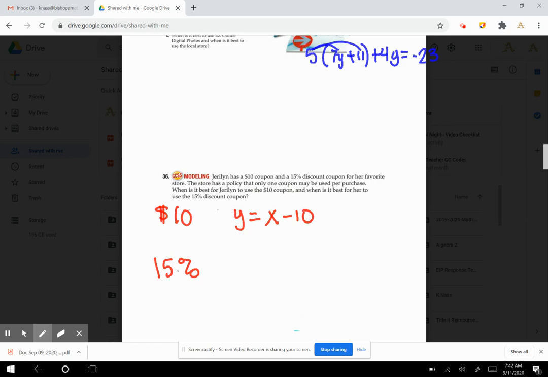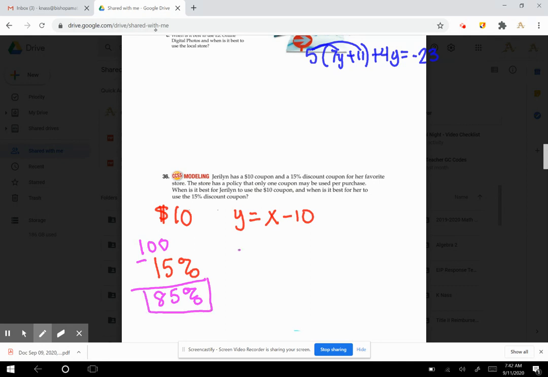Now, the 15% is a little tricky, right? You're taking 15% off, so how much would you pay? Let's do 100 minus 15, right? That gets you 85%. So if you take away 15%, you have to pay 85% of it.